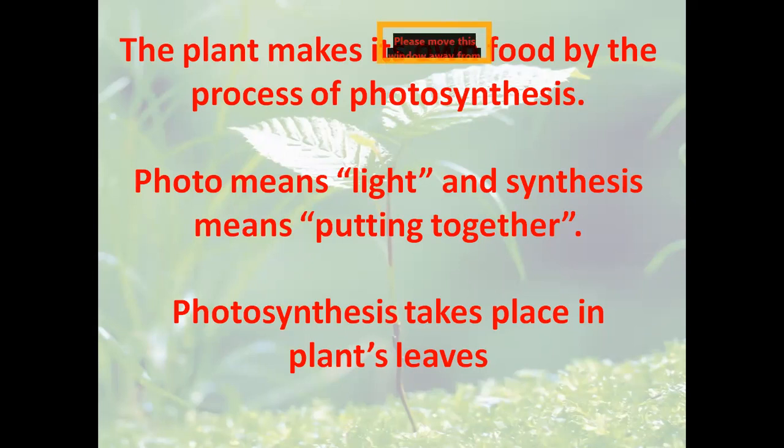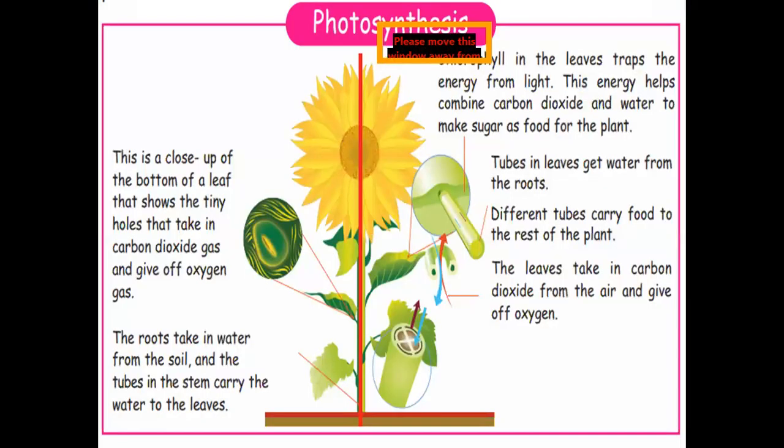So what does the plant put together? Photosynthesis occurs at the level of the plant's leaves. In the presence of light, photosynthesis can occur. Why? We said that photosynthesis occurs only in green plants, meaning plants that contain chlorophyll.